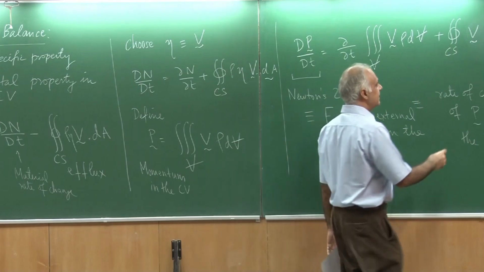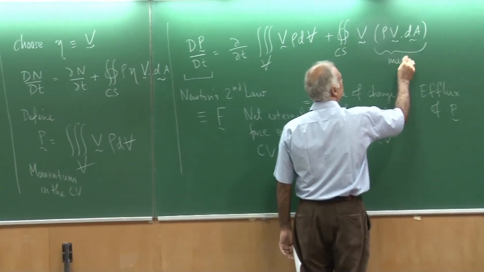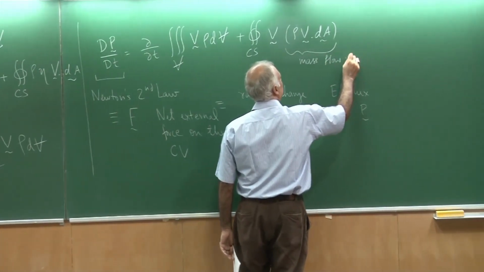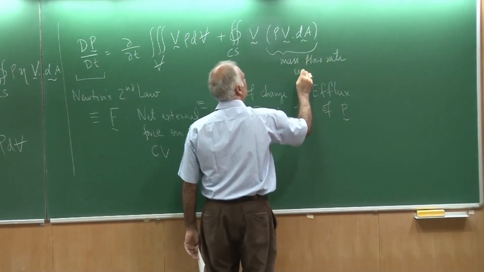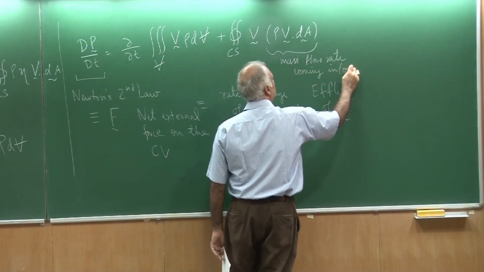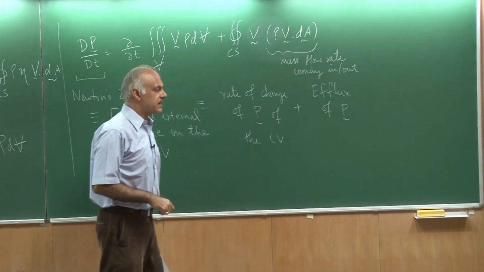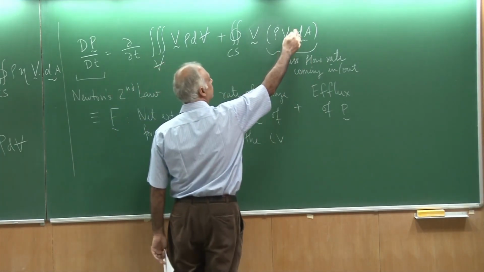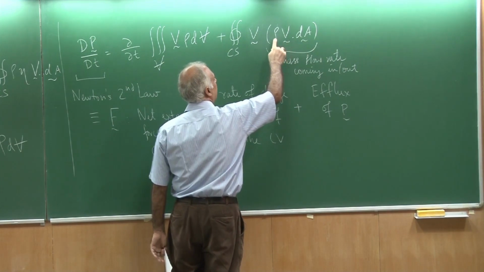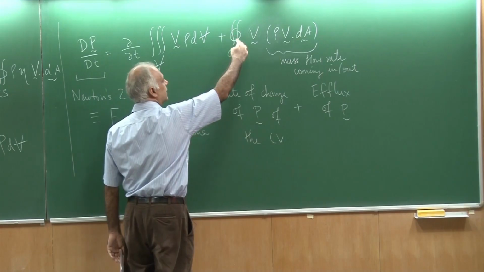Notice this is a very interesting term. This here is the mass flow rate coming in or going out, because this is V dot dA times the density. So V dot dA gives me the volume flow rate, and rho would give me the mass, and I am integrating it over the control surface.